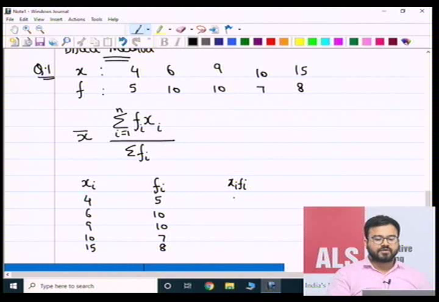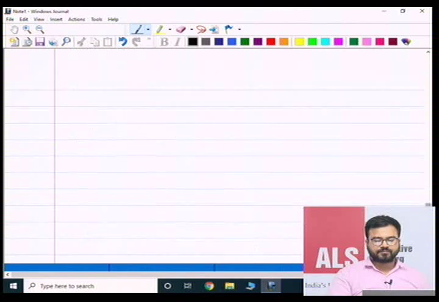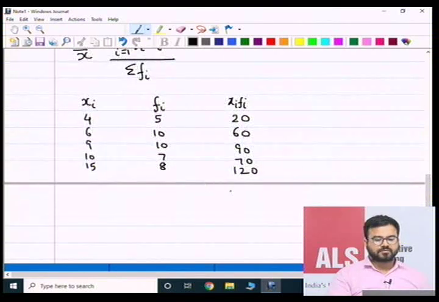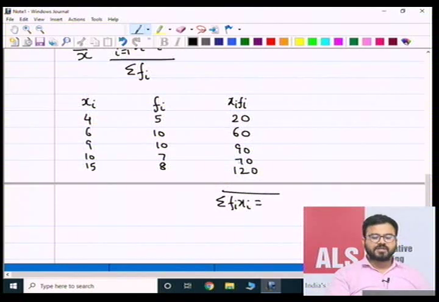So 5 into 4 is 20, then 60, then 90, then 70, then 15 times 8 is 120. Now we can add all of them, so sigma fi xi. If we add 120 plus 70 plus 90 plus 60 plus 20, that becomes 360.